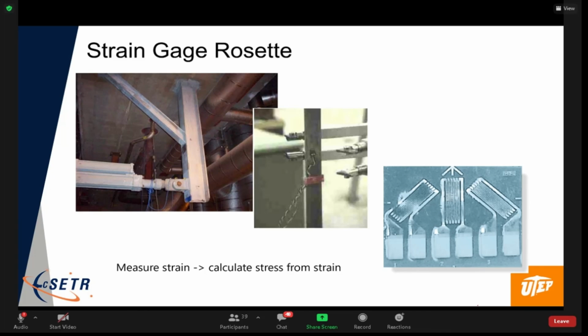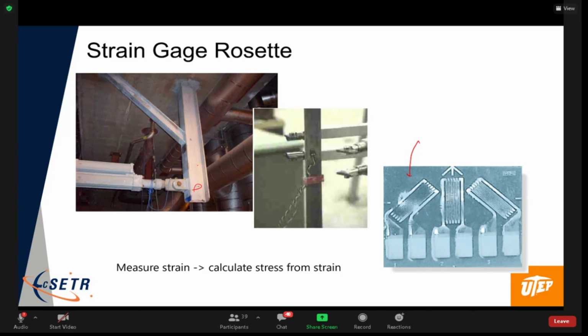There's a whole art to this, even just gluing these little strain gauges onto the structure is a whole thing unto itself. I don't want to get into all those details, but as an engineer, what do you need to know?